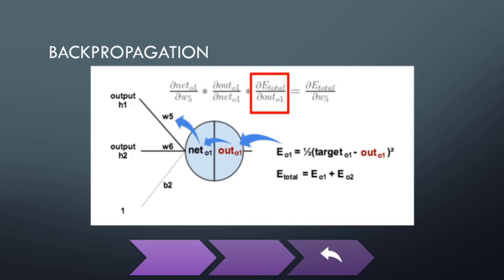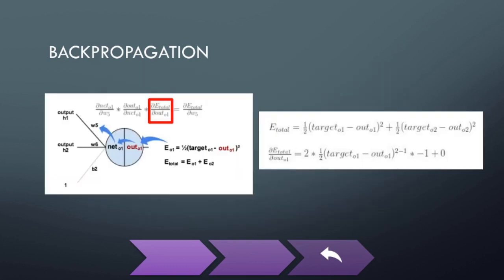So let's look at the derivative of E total with respect to out_O1, so the output of the nonlinearity. At this point of the tutorial, we will do a bunch of derivatives, so brace yourself. If we look at the error loss that we chose, we have a sum of the two half squared errors.